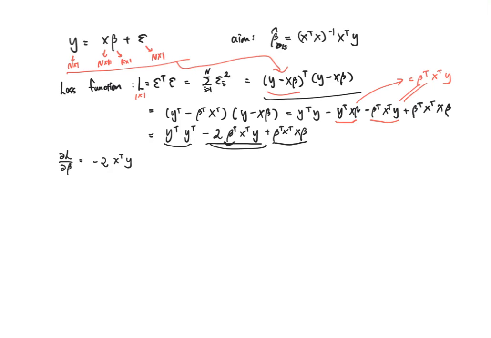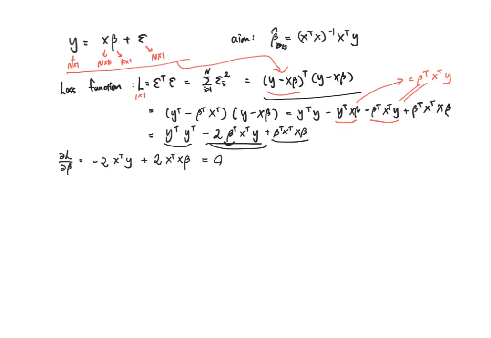And here we have beta squared. If I think of this as a scalar, just a number and not a vector or matrix, then differentiating by beta gives x squared beta, right? So if you differentiate this part, it becomes 2 times x transpose x beta.